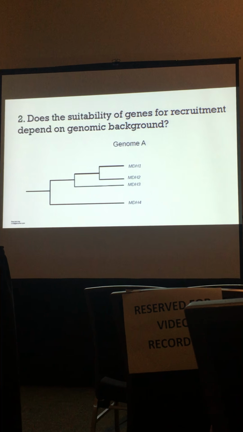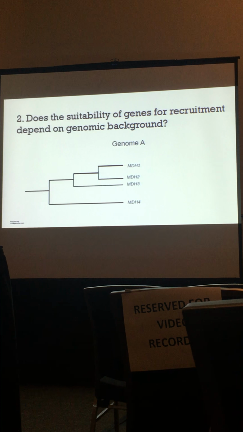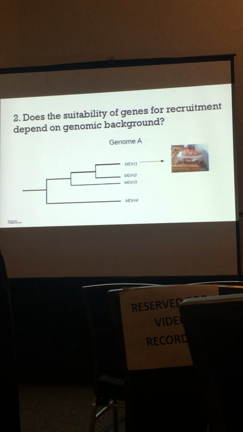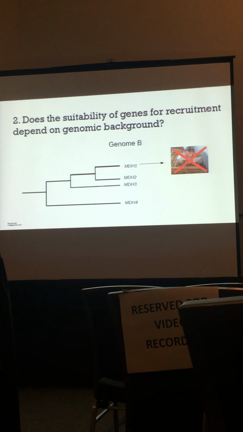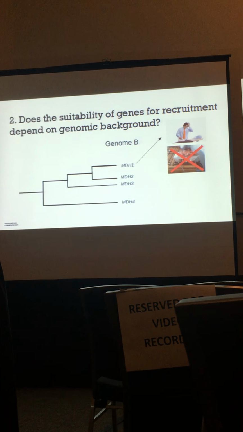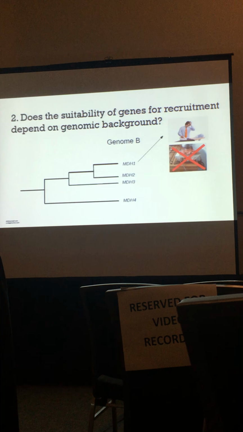The important thing, I think, is to look at this in different genomic backgrounds, because it's very well to say that in genome A, one particular gene is really suitable for being recruited into a new function, but in genome B, it might not be the case. It might be that genome B doesn't have that particular member of the gene family. It might be that it does have it, but it's being used for a different function which is incompatible with that new function.